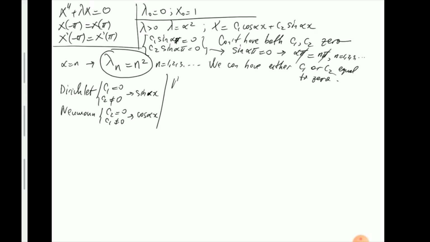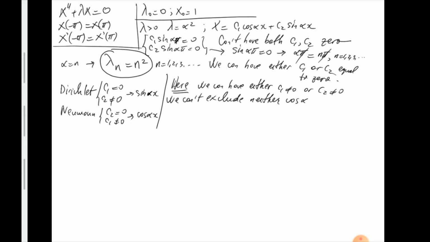Now the difference is that here you could have either of the two. We can have either c1 not equal to 0 or c2 not equal to 0, meaning that we can't exclude either cosine of alpha x or sine of alpha x.